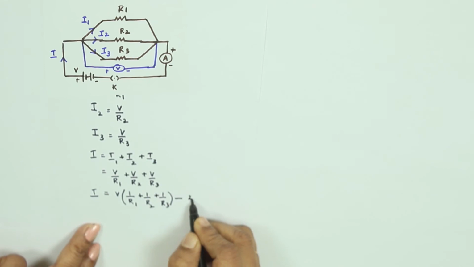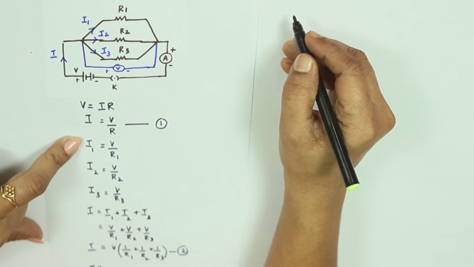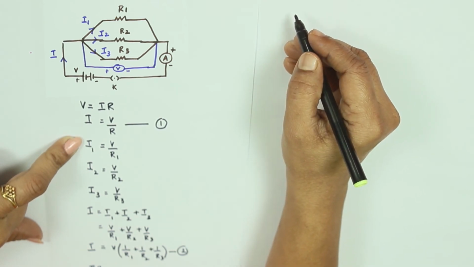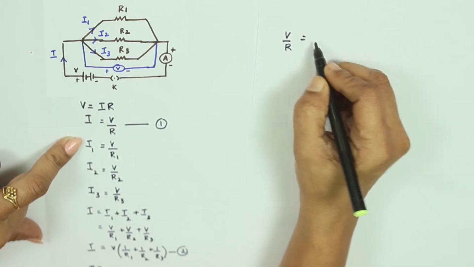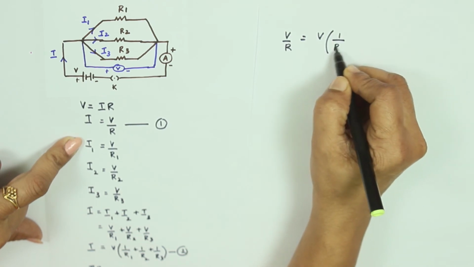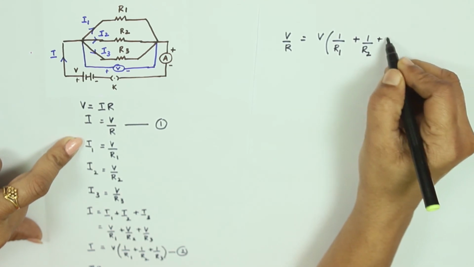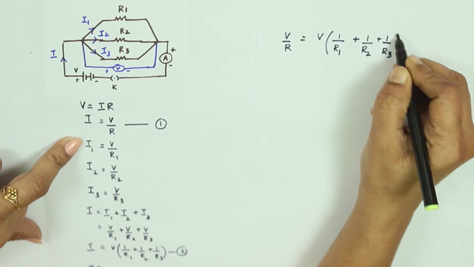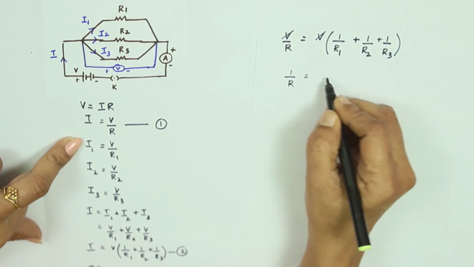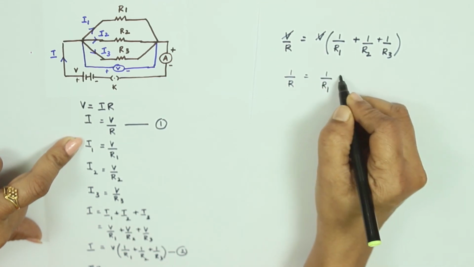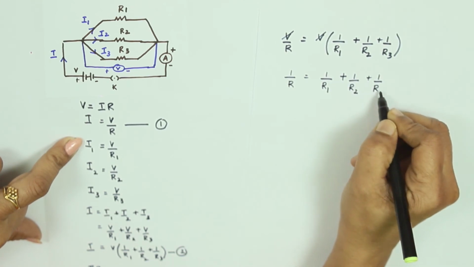This is equation 2. From equation 1 and 2, left hand sides are equal, so we can equate right hand sides. So we can write V by R is equal to V into 1 by R1 plus 1 by R2 plus 1 by R3. Here V and V get cancelled. So 1 by R is equal to 1 by R1 plus 1 by R2 plus 1 by R3.